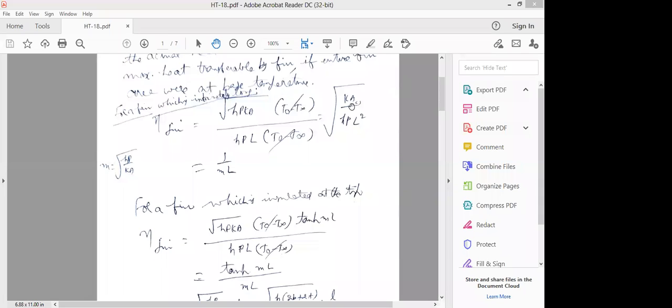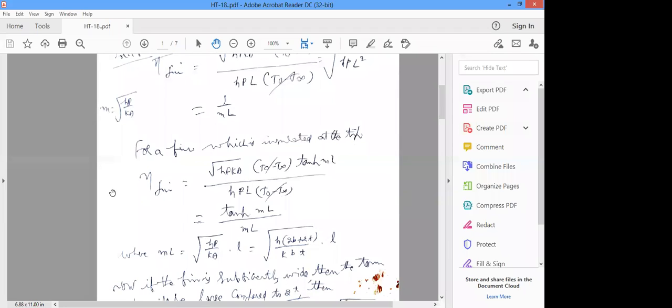So root of KA by hP, that is 1 by m, and square root of 1 by L square is 1 by L. That's why efficiency of the fin for a fin which is infinitely long, for lengthy fin, is equal to 1 by mL, where m is square root of hP by KA, and L is the length of the fin. Next, for an insulated fin, a fin which is insulated at the tip, how do you calculate the efficiency of the fin?